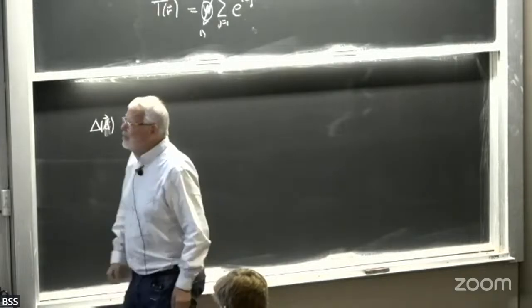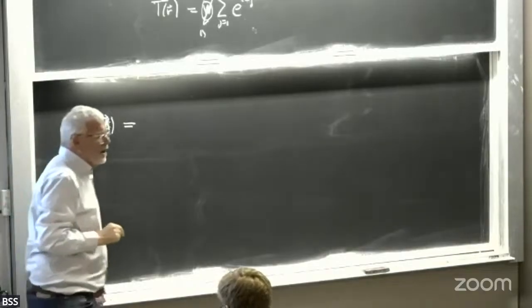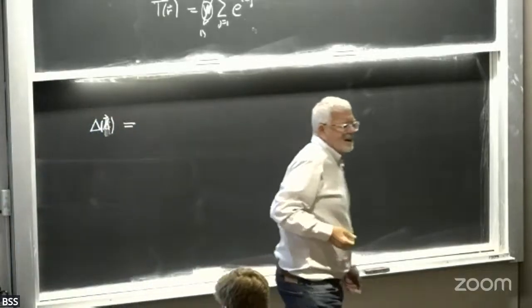And in this picture, I've actually chosen lattice vectors for the triangular lattice which differ from each other by 60 degrees.